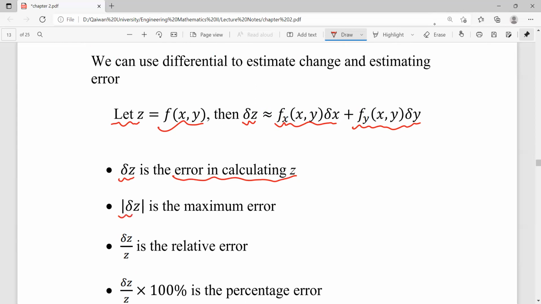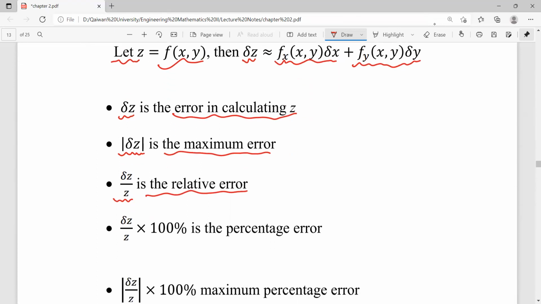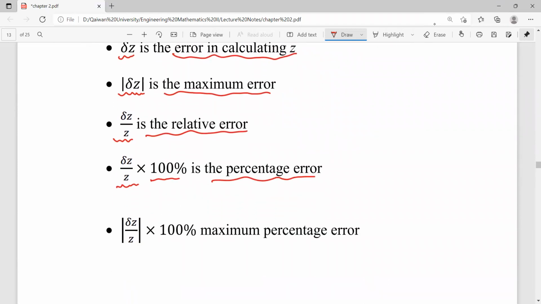Also, the absolute value of delta z is the maximum error. Delta z over z is the relative error. Delta z over z times 100% is the percentage error. The absolute value of delta z over z multiplied by 100% is the maximum percentage error.